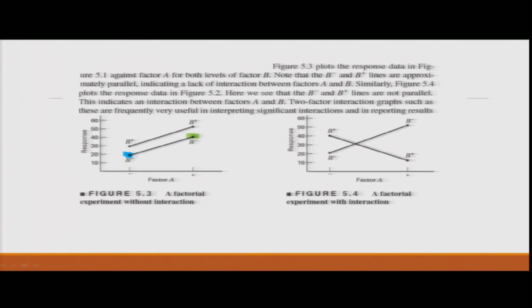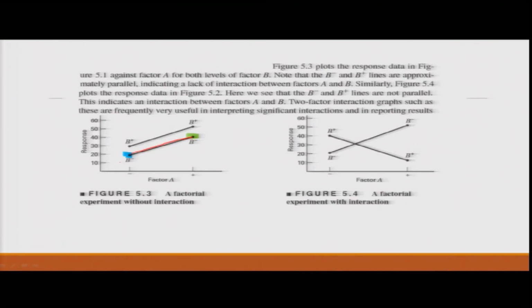I will use the felt pen with red color. For this red line which I am drawing, following the black one, it corresponds to B minus only. The lower value is for A minus, and the upper value, which is 40, is for A plus.